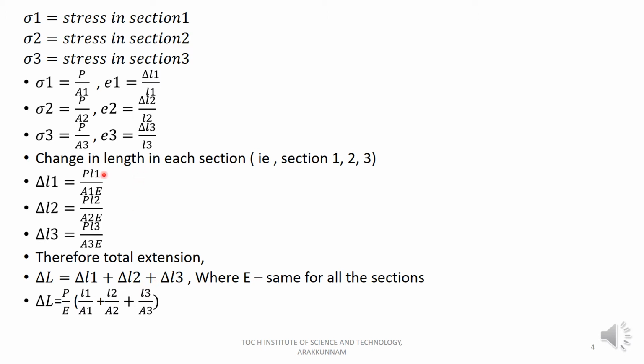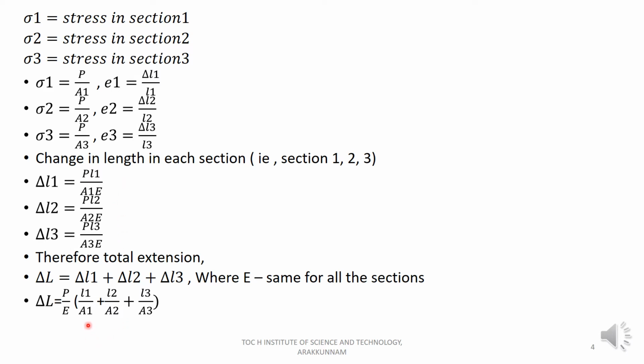Now the change in length for section 1, delta L1, is equal to P L1 by A1 E, and for the next section delta L2 is equal to P L2 by A2 E. Since P and E are the same for all the sections, and only L and A are varying, delta L3 is equal to P L3 divided by A3 E. For adding delta L1, delta L2 and delta L3, let's take P by E outside.